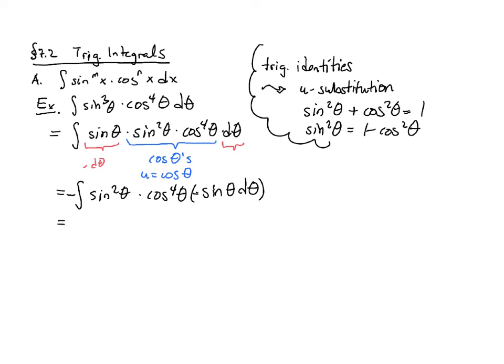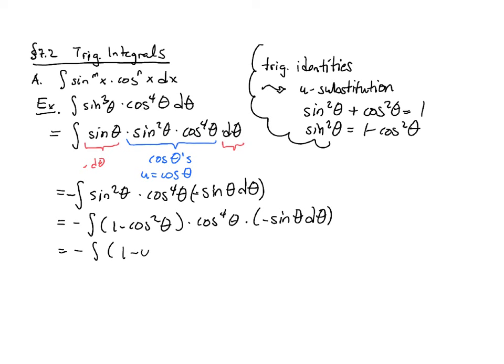And then I can rewrite that sine squared as 1 minus cosine squared theta times cosine to the fourth theta times minus sine theta d theta. And now I do my u substitution: minus the antiderivative of 1 minus u squared times u to the fourth times du.